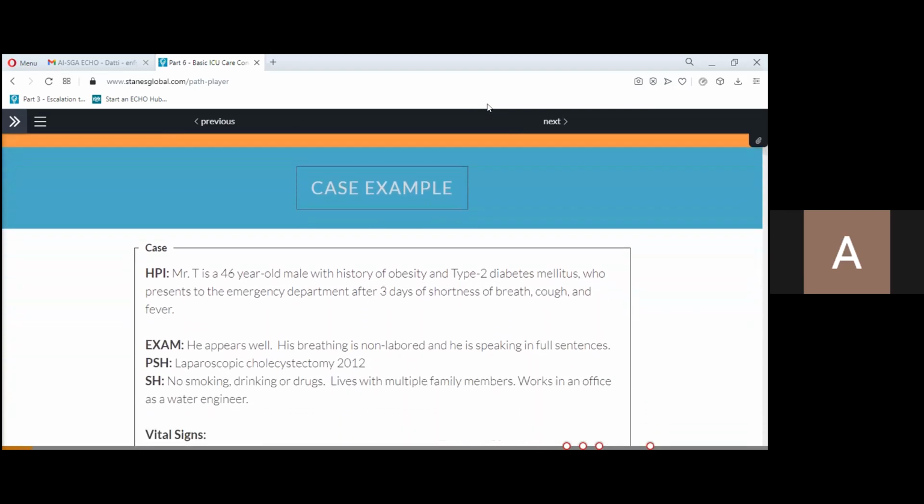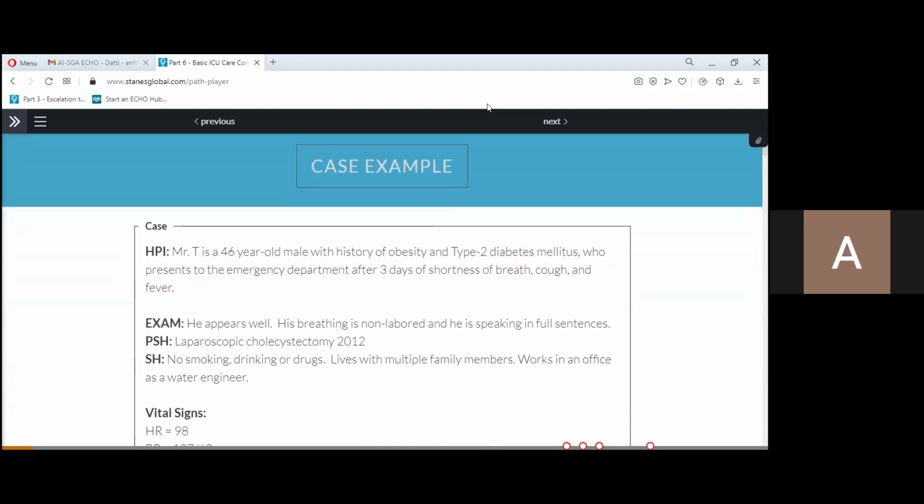This is a case of Mr. T. He's a 46-year-old male with a history of obesity and type 2 diabetes mellitus, who presents to the emergency department after 3 days of shortness of breath, cough, and fever.